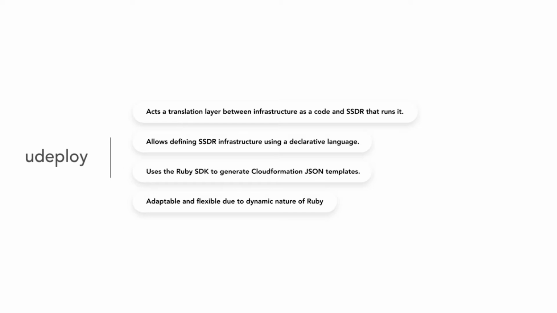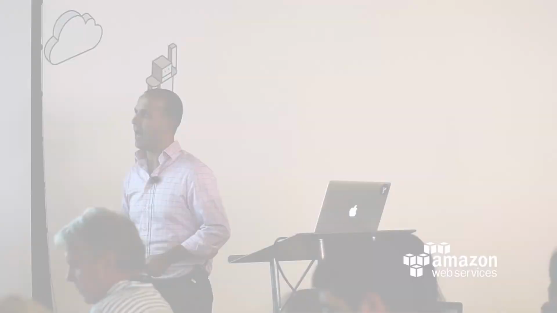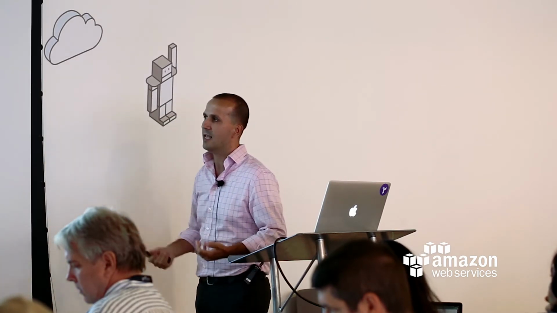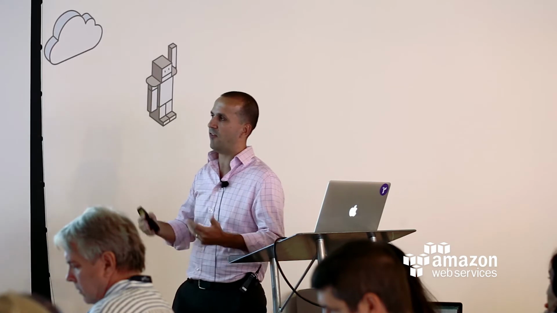So udeploy acts as a translation layer between infrastructure as code and SSDR, allows defining SSDR infrastructure using a declarative language, and uses the Ruby SDK to generate CloudFormation JSON templates. And udeploy is adaptable and flexible due to the dynamic nature of Ruby.